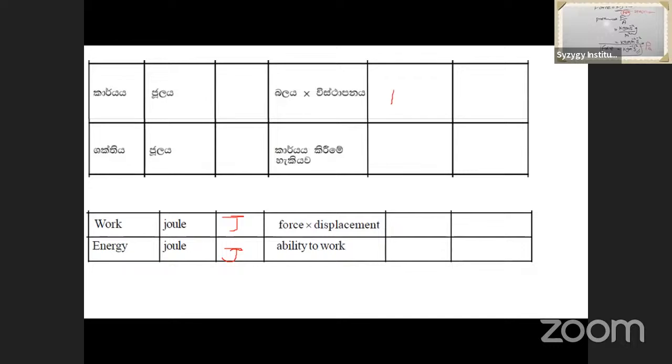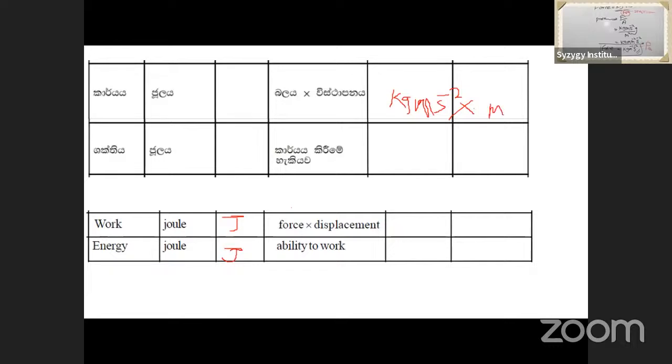in fundamental units you can write kg m s to the power minus 2, no? Displacement is a length, so you can write meters.